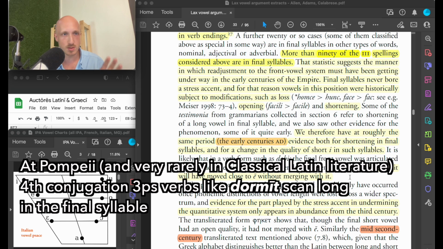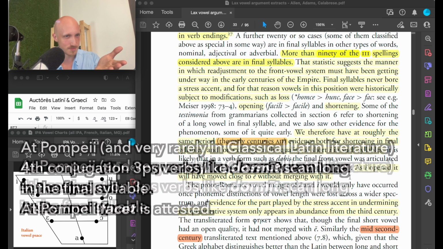You don't get to have a long E sound. But Pompeii, in that dialect, which seems to have a feature derived from a more archaic version of Latin, it could have been urban Latin when Pompeii got incorporated into the Republic. But in urban Latin, that was gone. So, dormit, we have that kind of long thing. And also we see facet in Pompeii.